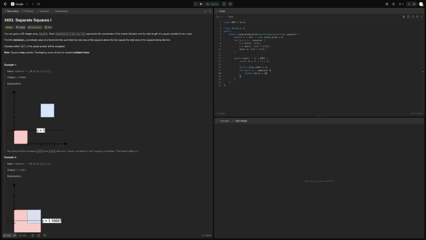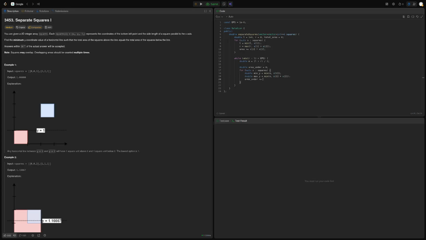min y is equal to min of m and S0, and then double max y is equal to the minimum of m, and this should be S1 plus S2, and then that's about it.